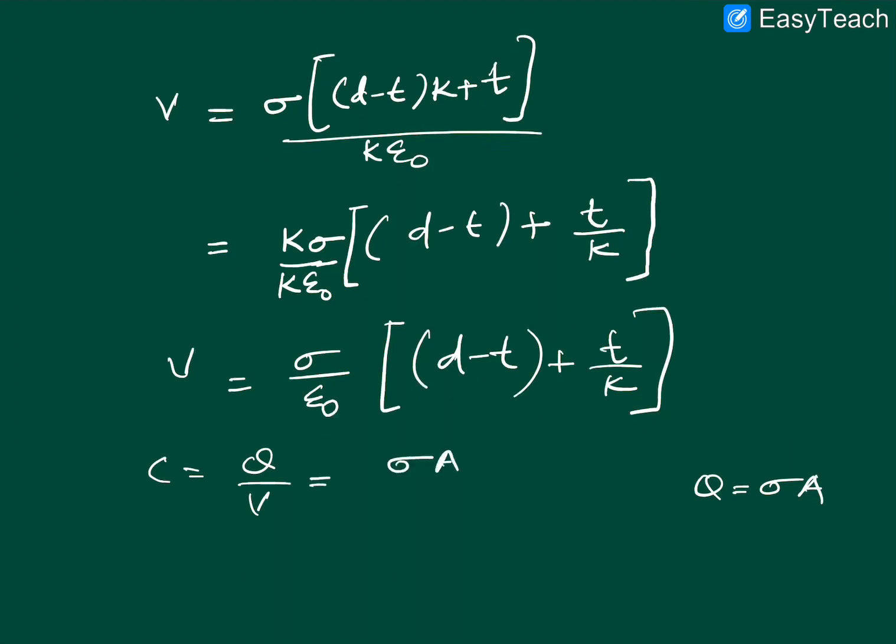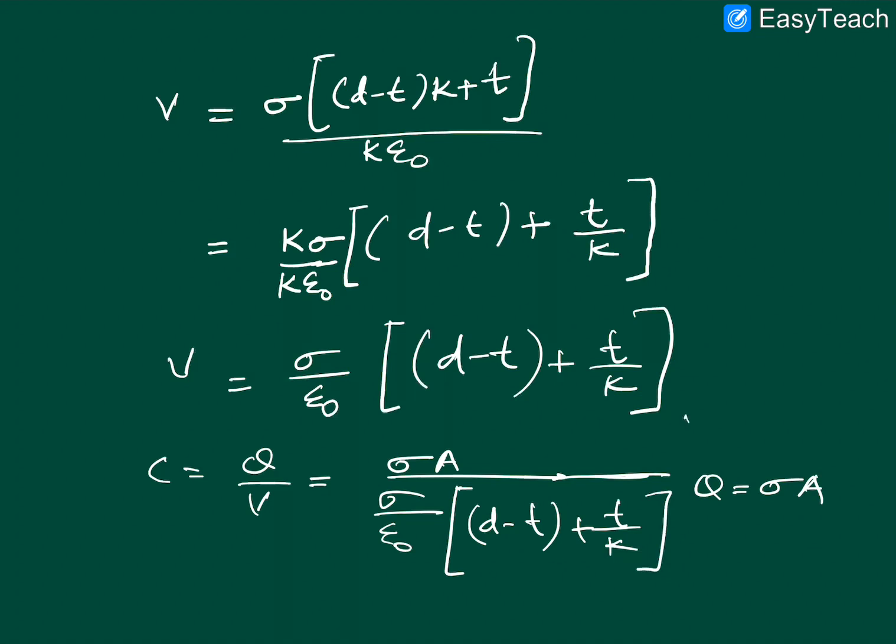Sigma into A divided by V. What is V here? Sigma by epsilon 0 into d minus t plus t by k, isn't it?